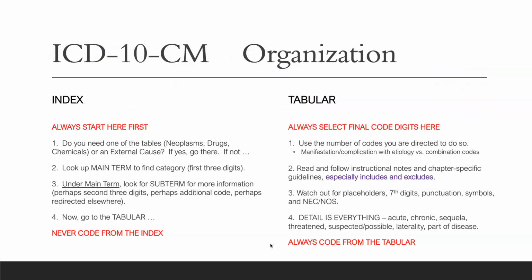Let's talk organization. When you're talking ICD-10-CM, whether you're talking about a book or the electronic online access, there are two parts to it. There's an index at the very beginning, and then there's a tabular section, which is most of the rest of the book and gives you a lot of the detail.